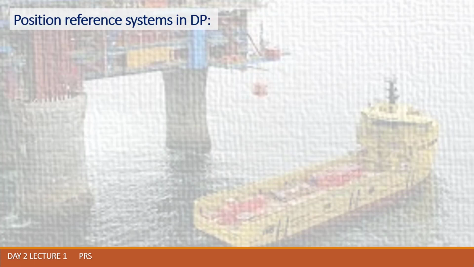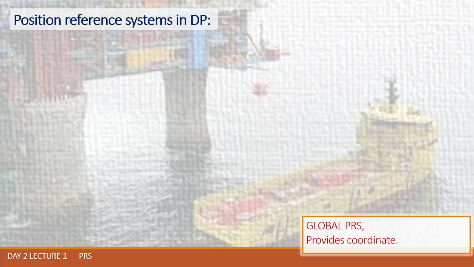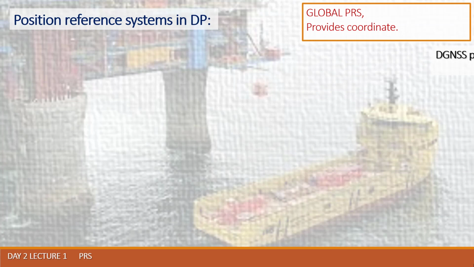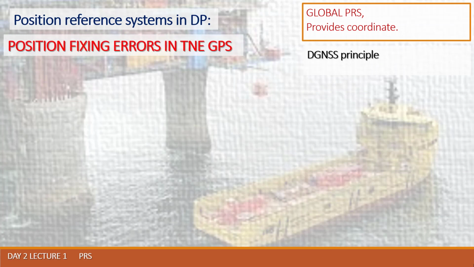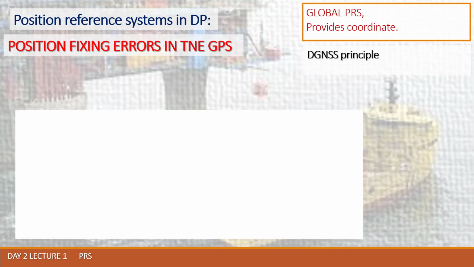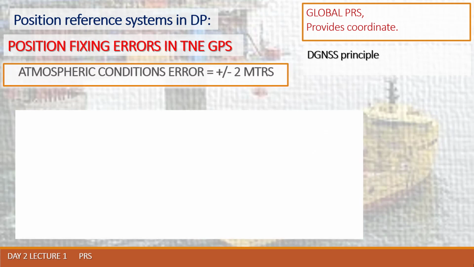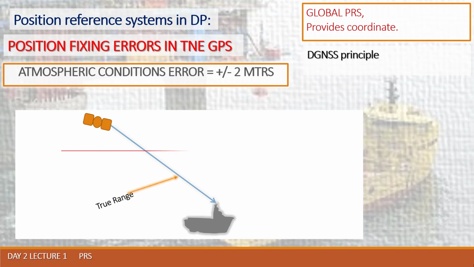One more type of position fixing error in GPS is the atmospheric condition error, which may deviate the calculation by plus minus 2 meters. This error is connected with the radio signal deviations when it enters the ionosphere and troposphere layers of the atmosphere.